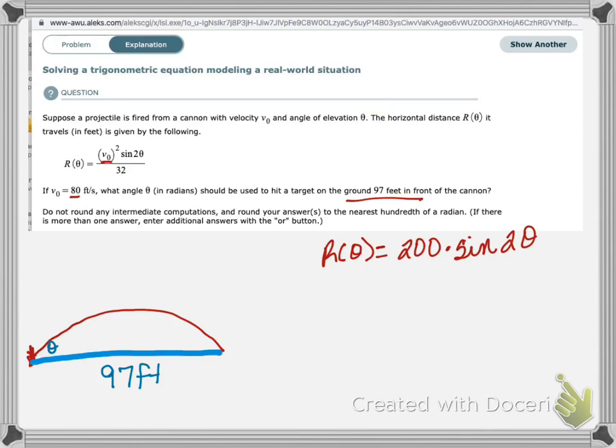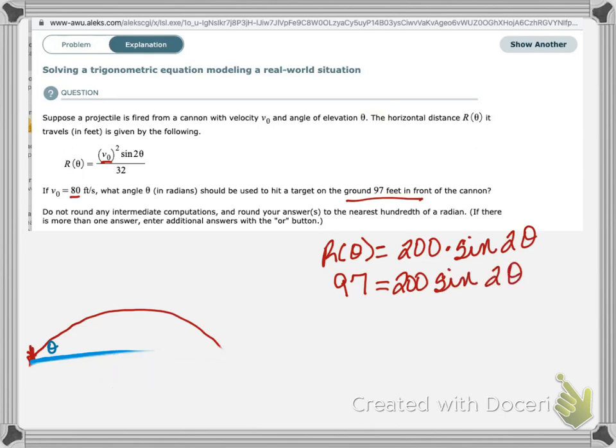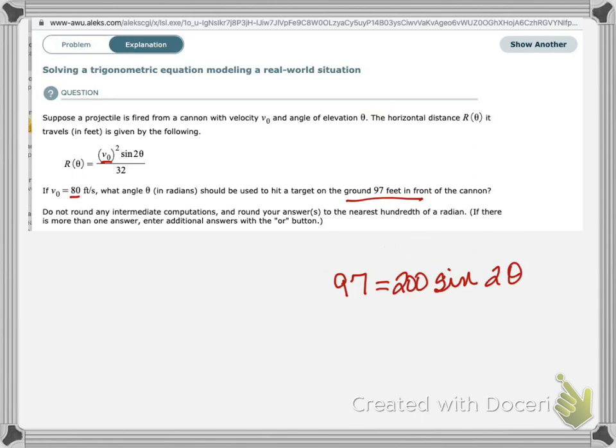So our R of theta, that's going to be our 97. So the formula that I have is 97 equals 200 sine of 2 theta. Okay? So that is the formula right here that I'm really now solving: 97 equals 200 sine of 2 theta.